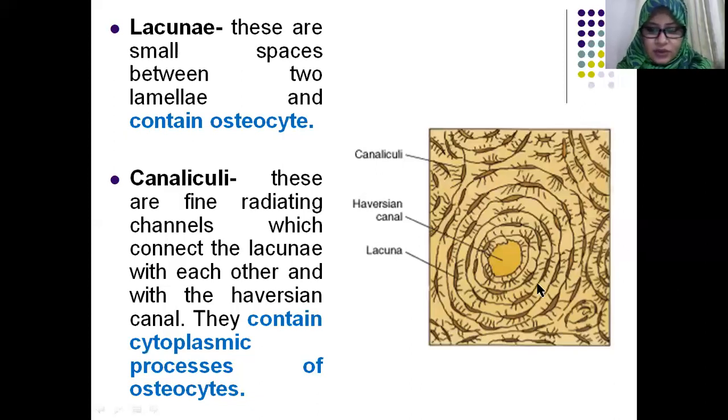In this figure, we can see this is the Haversian canal, which is surrounded by the lamellae, and between two concentric lamellae there are lacunae which contain osteocytes.